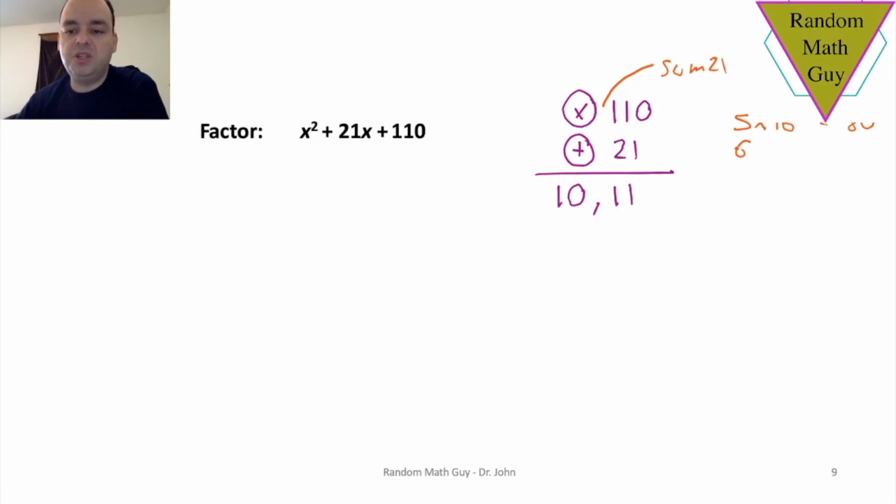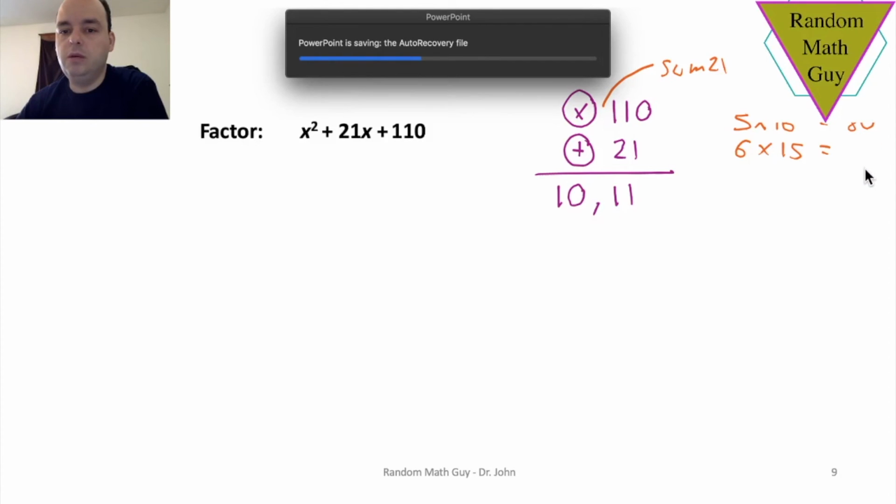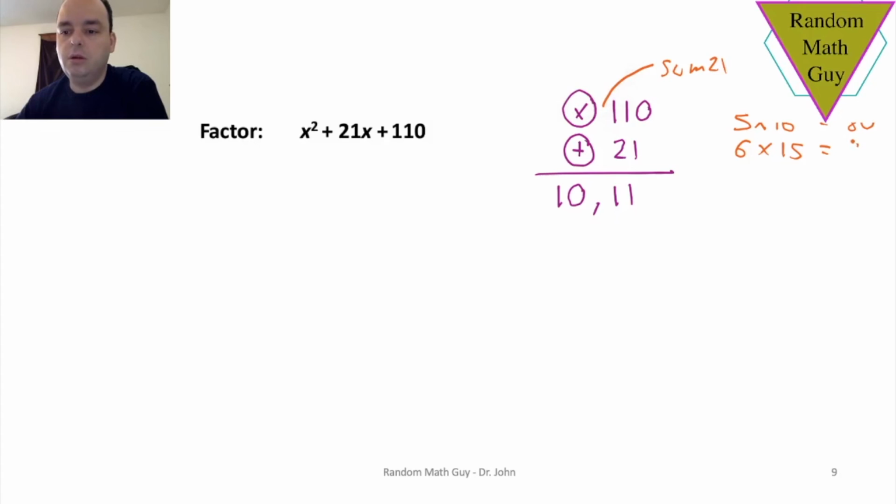So let's try 6 and 15. See, I'm bringing them closer together, but you still get a number that is a little bit larger. Actually, 10 larger. Okay, let's try 7 and 14. Ooh, that's getting there.